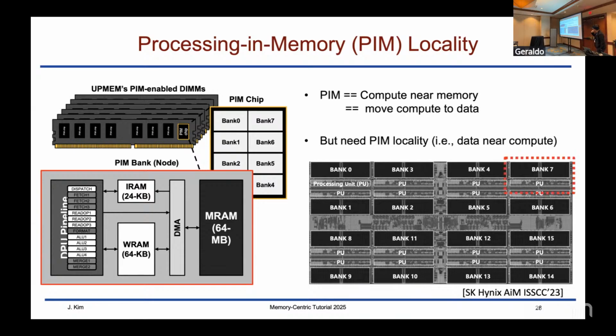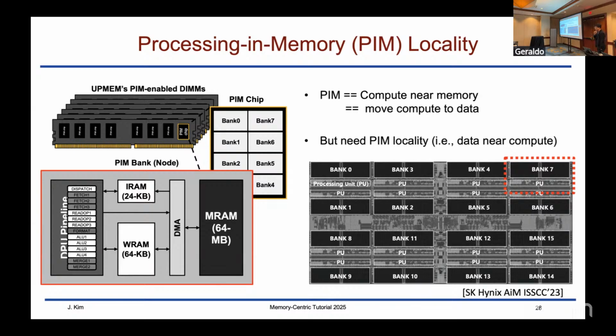If you look at this red box here, this is a die photo from a Hynix PIM processor. It has a bank of memory, and then it has a PU, which is a processing unit. The processing unit can only operate on the data located in that particular bank, not any of the neighboring banks. Similarly, the picture on the left is a cartoon of a UPMEM system. A single PIM chip has 8 banks.